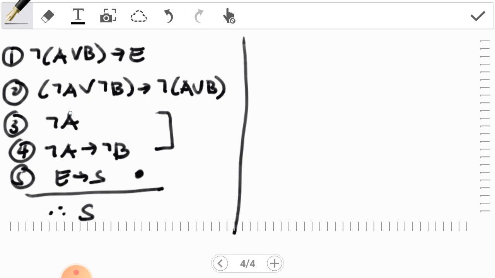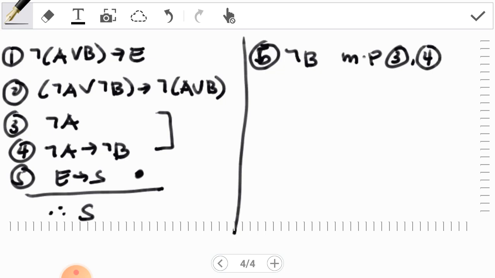Okay. But since pareho ito, we can use modus ponens. And that should now give us number 6, which will now be not B. Modus ponens of 3 and 4. Or if you like 4 and 3, it does not matter. Number 7, so we have not B there.